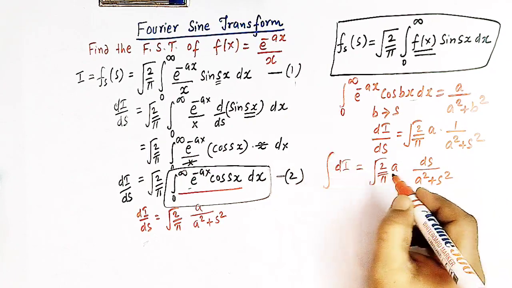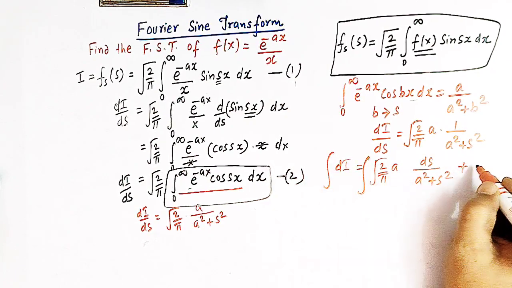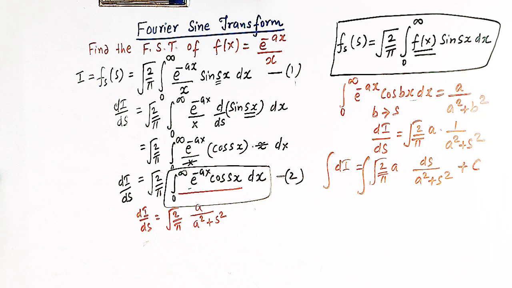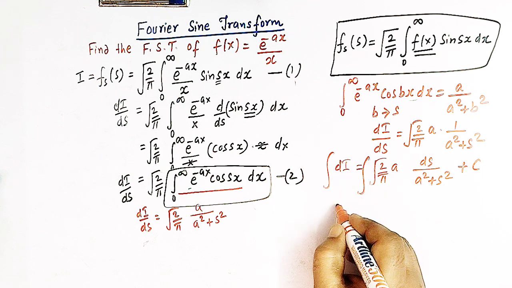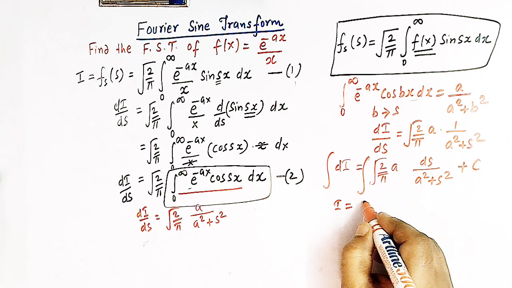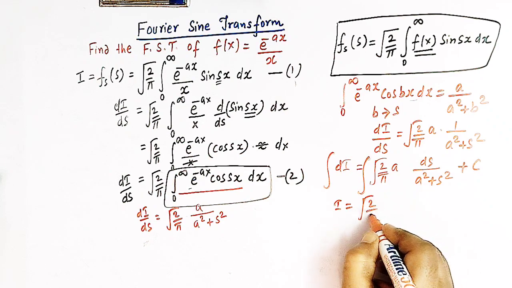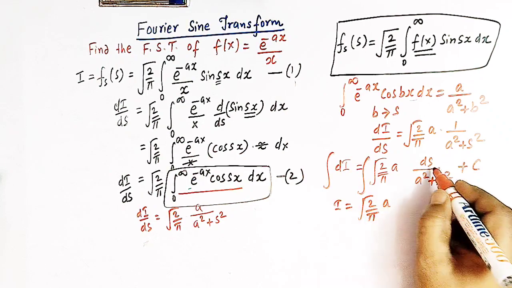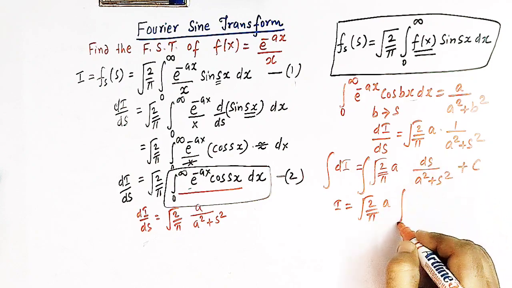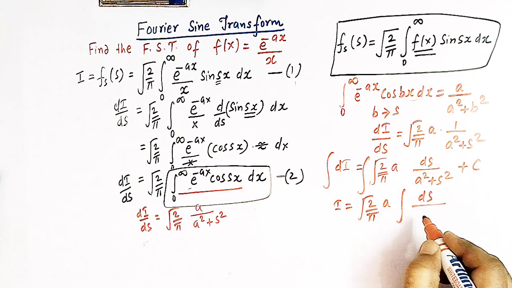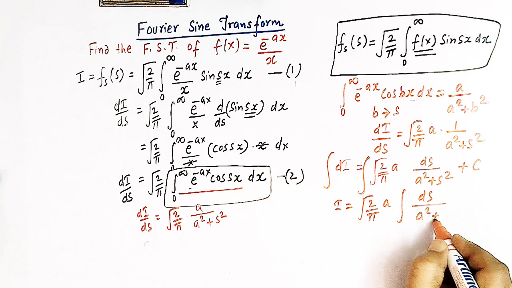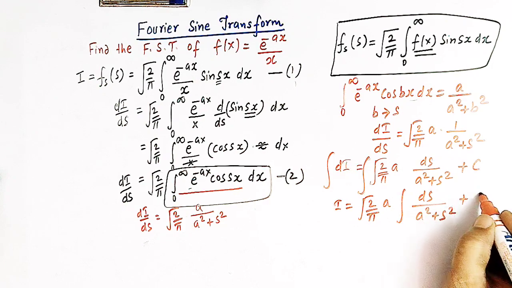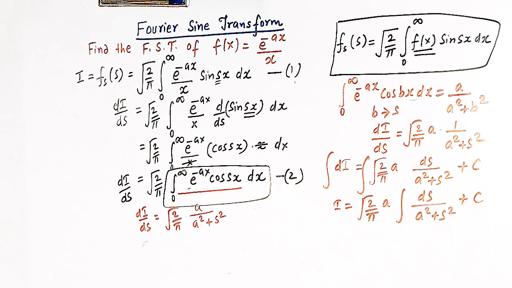So now integrating both sides, here we have c as the constant of integration. So I is square root of 2 over pi a times the integral of ds over a square plus s square, plus c, the constant of integration.